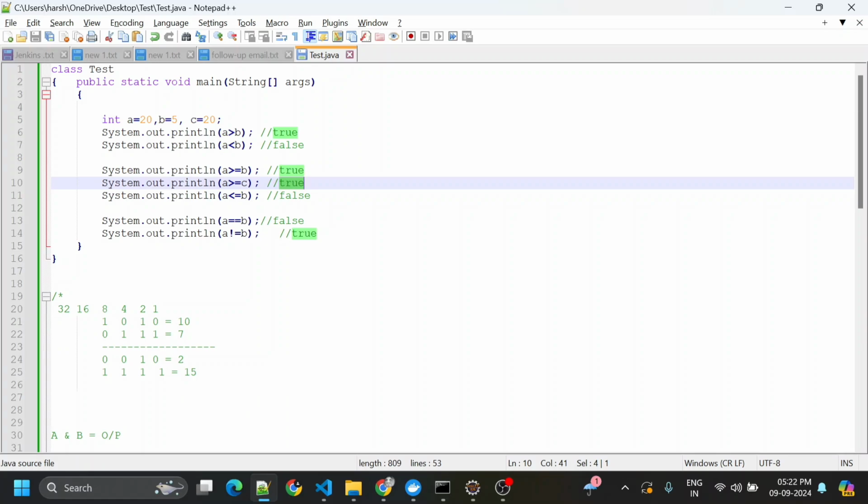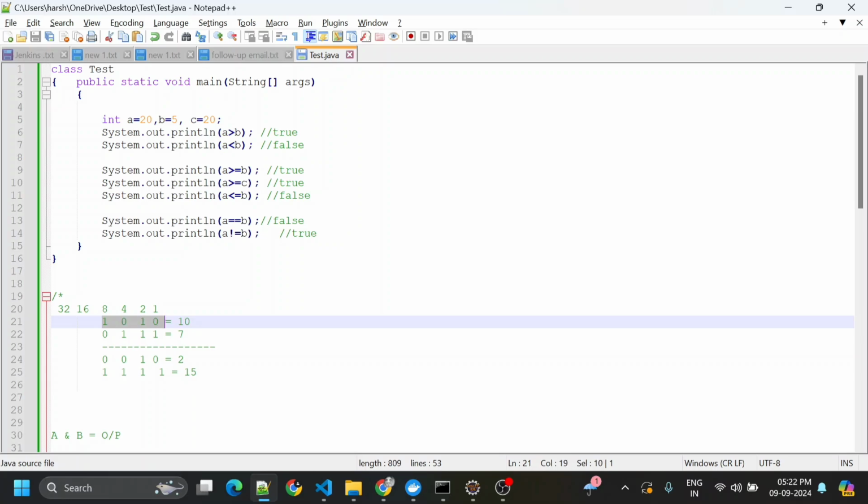So this 1010 or 0111, these are binary numbers, guys, and these are decimal numbers, like 10, 12, 7, 6, 5. So how will we convert binary to decimal or decimal to binary? We will learn this as well.